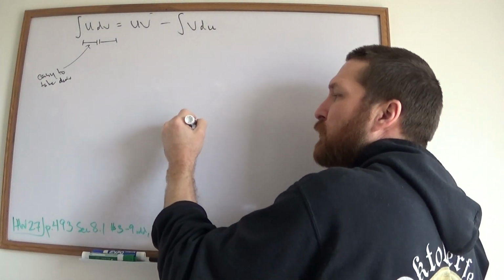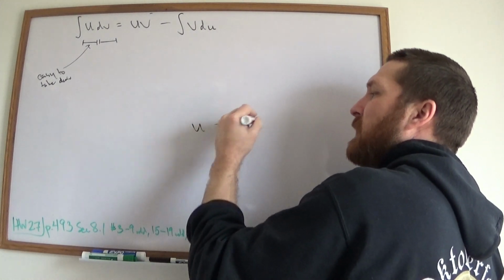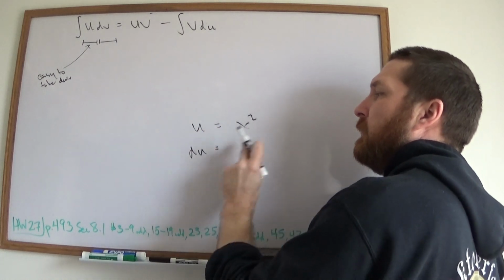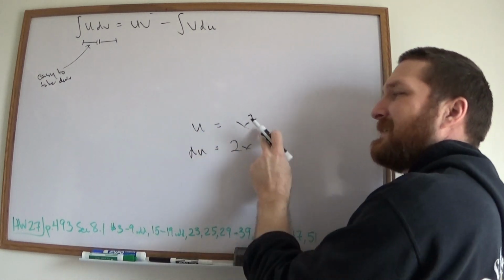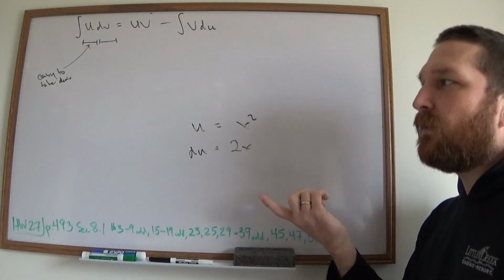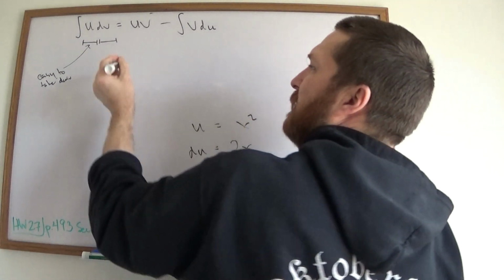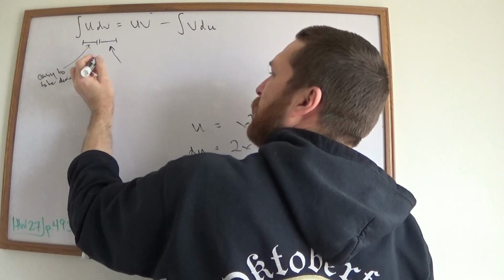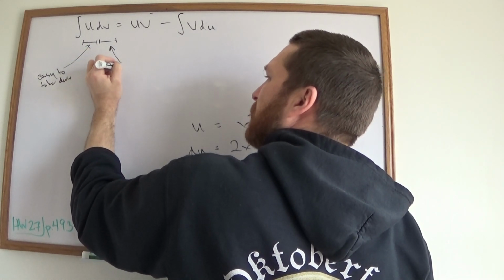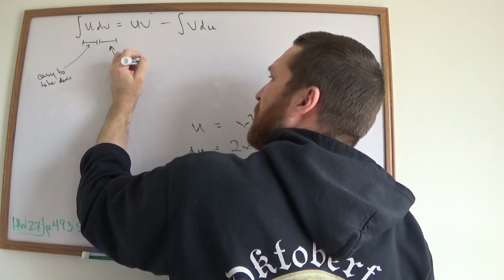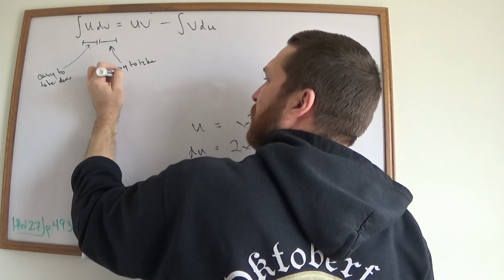So for instance, if u is x squared, du is going to be something that's simpler, something that's easier to deal with. dv, on the other hand, this will help us if this is something that's easy to take an antiderivative of.